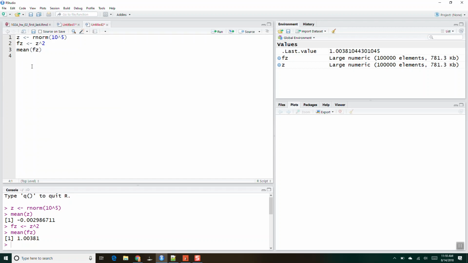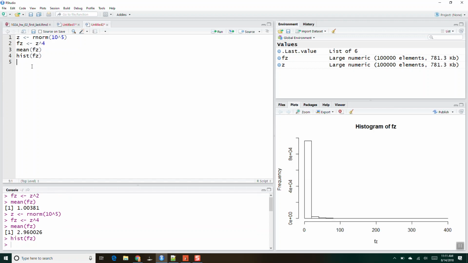We could apply some other weird function. I don't know, if we raise it to the 4th power, what's the mean of this? The 4th power suddenly becomes 2.96, something like that. I don't know what I was expecting, but if we take our z's and raise them to the 4th power, we can see a histogram of f of z.